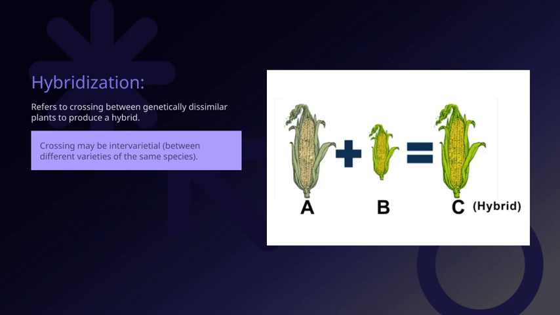This process is important because it allows us to combine specific qualities, like disease resistance or higher yield, by carefully selecting the parent plants. Throughout this presentation, we've been emphasizing how genetic improvements drive crop productivity and resilience. Hybridization fits right into that theme because it's a powerful tool for creating better plant varieties through deliberate crossing.